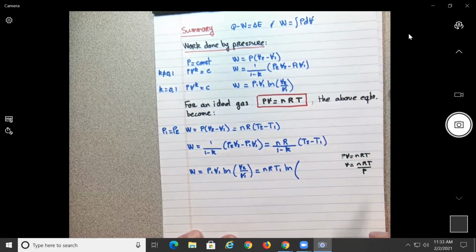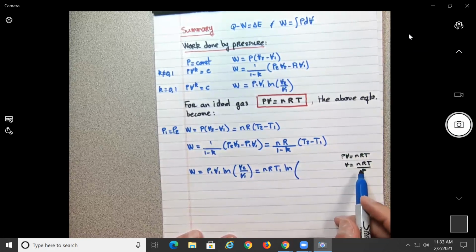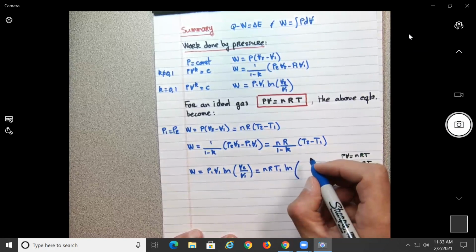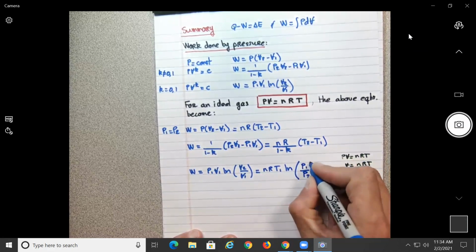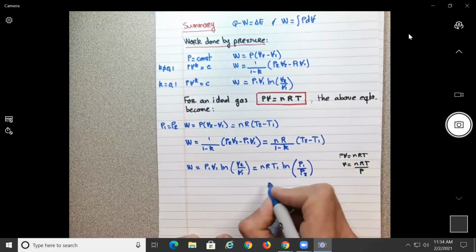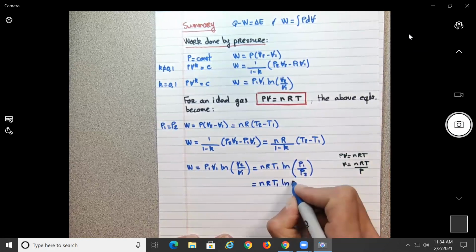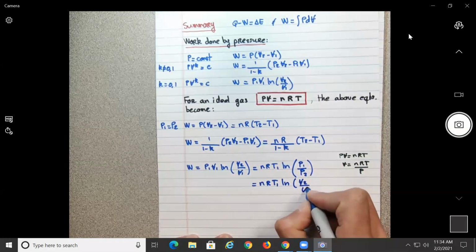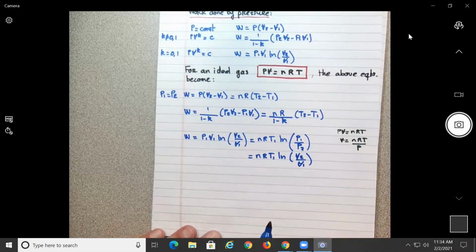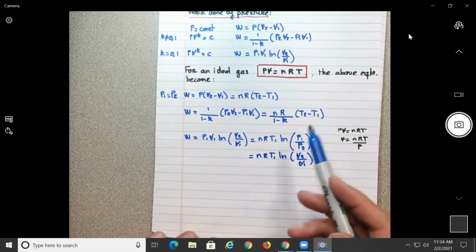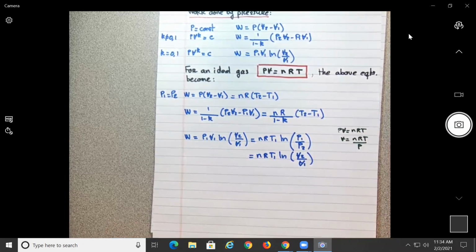So this could be equal to nRT what? P1 over P2, but I don't see that it gives any advantage, or this could be nRT1 log V2 over V1. I don't see much of an advantage on this one. But anyway, you see that you can combine these equations with the ideal gas relation.